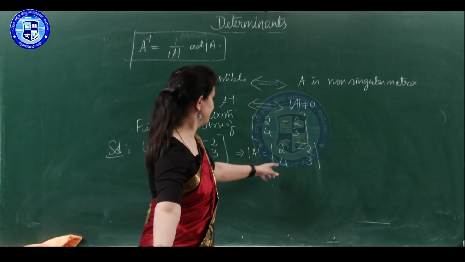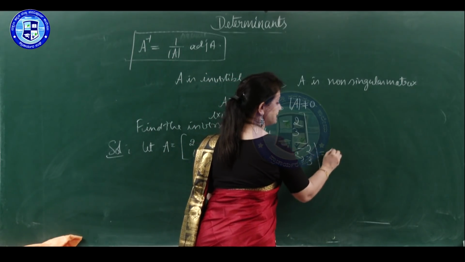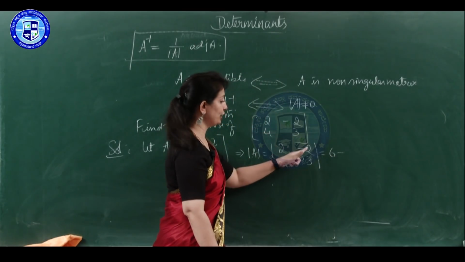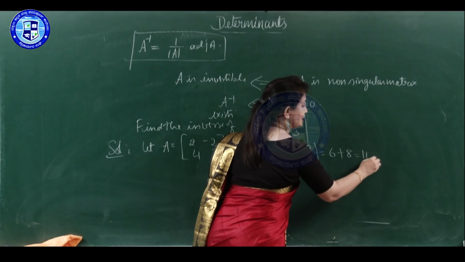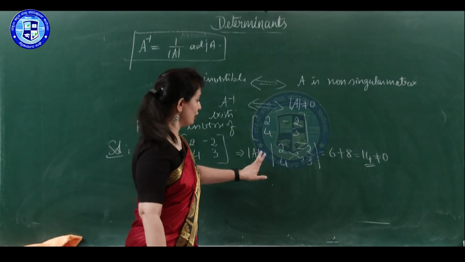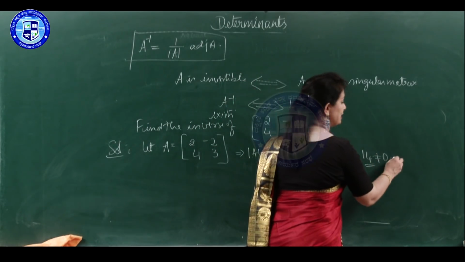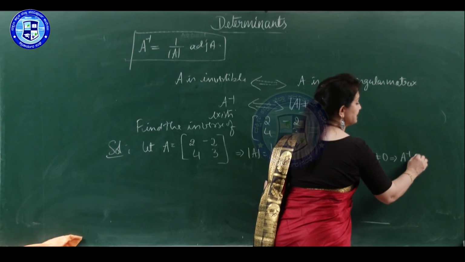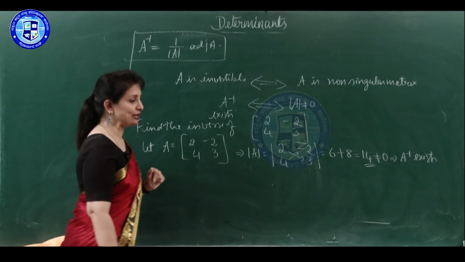What do we get? 2 threes are 6, minus 4 into -2 is -8, minus of minus 8 is plus 8, which gives 14. So we got determinant A equal to 14, which is not equal to 0. That implies A inverse exists.